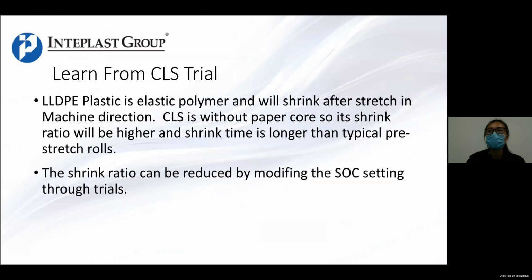And this trial let me know LLDPE plastic is an elastic polymer and will shrink after stretch in machine duration. Coreless spin is without paper core, so its shrink ratio will be higher and the shrink time is longer than typical pre-stretch roll.